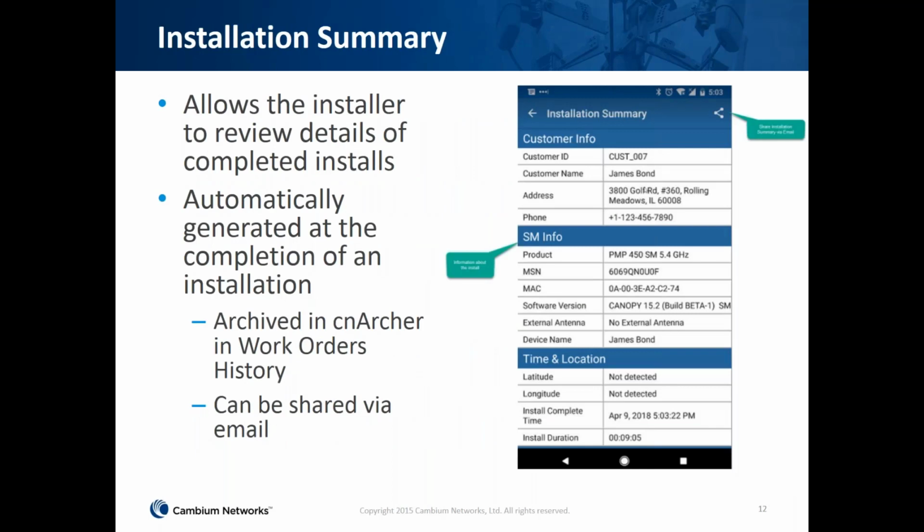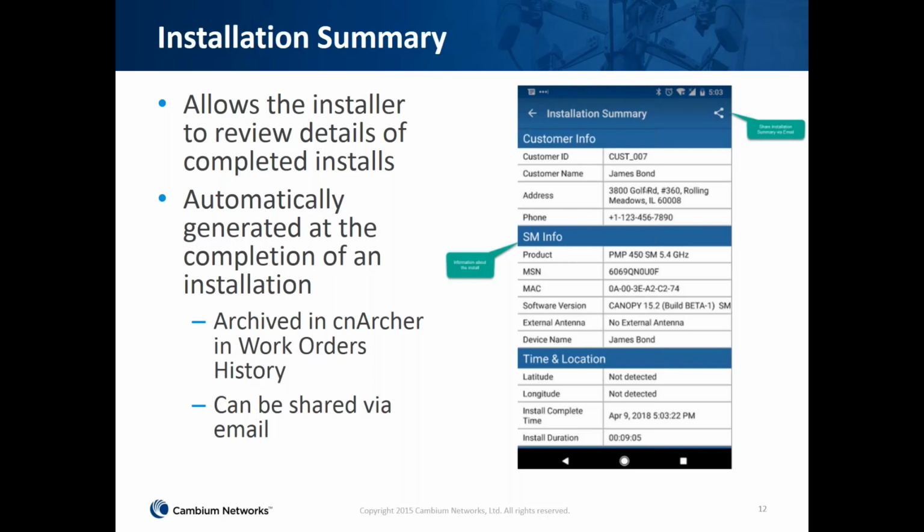The installation summary is generated automatically whenever you finish an install or even a quick align. It provides a nice summary of anything that was configured on the SM from cnArcher, as well as some basic details, like device name, MSN, MAC, etc. It also captures any link test results.